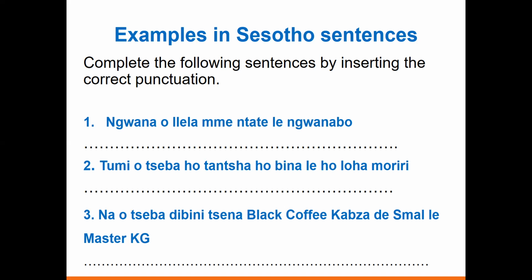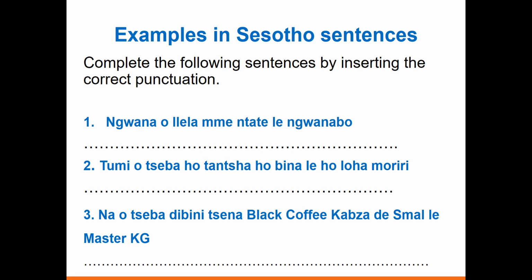So consider that as well. The comma will often come before the object or noun, before the conjunction. Tumi o tseba ho tantsha, ho bina le ho loha moriri. So there my comma would be after ho tantsha.